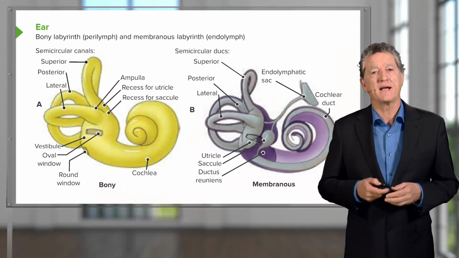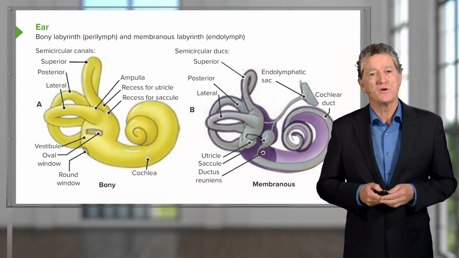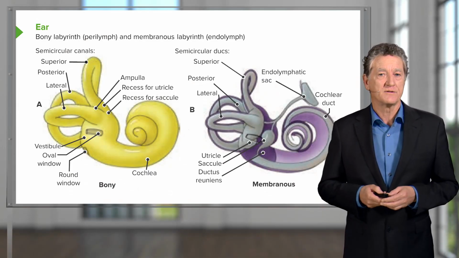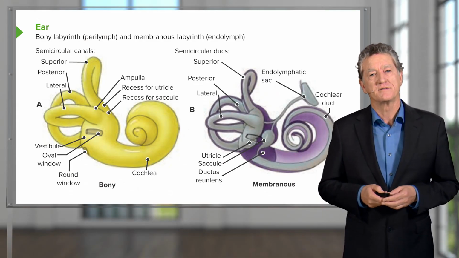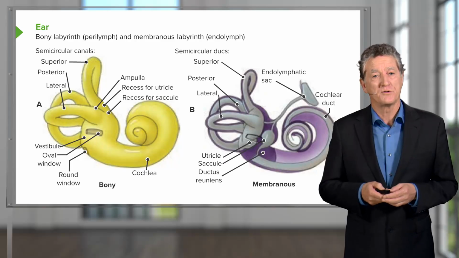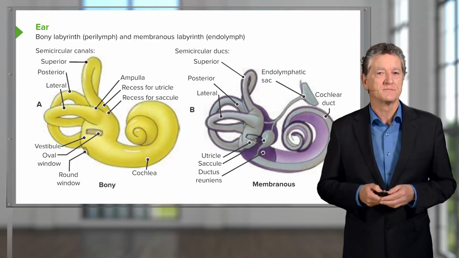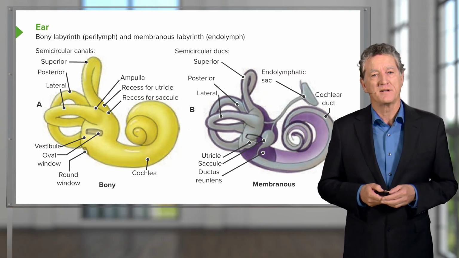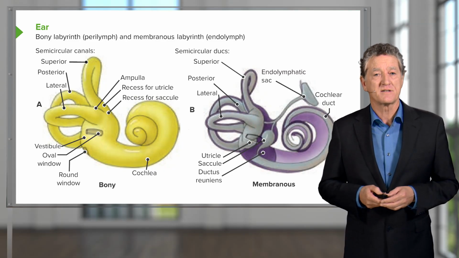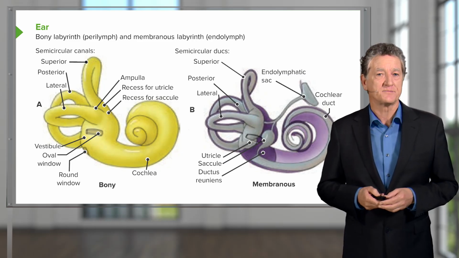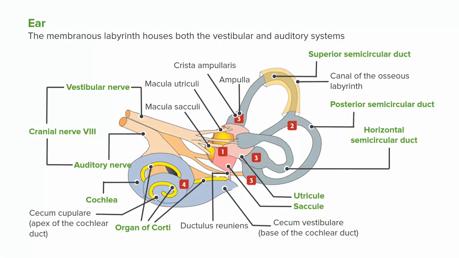The spiral ganglion houses the nerve cell bodies, the bipolar neurons, that are going to send fibres to the hair cells in the cochlea and transmit information back into the central nervous system that gives us the sensation of sound.